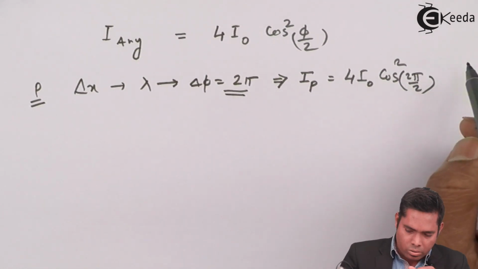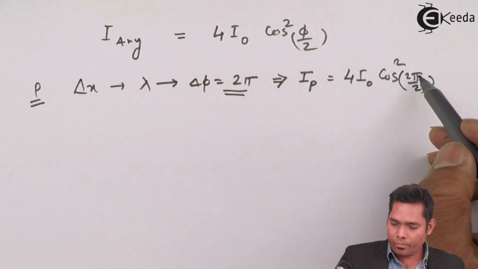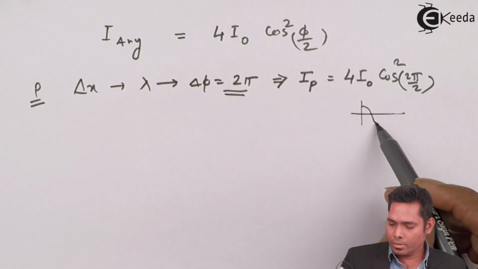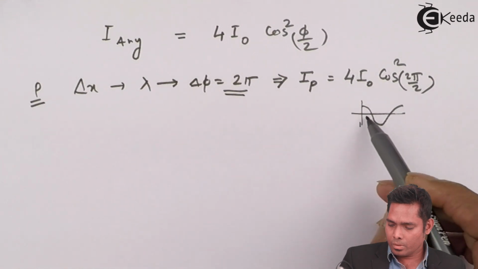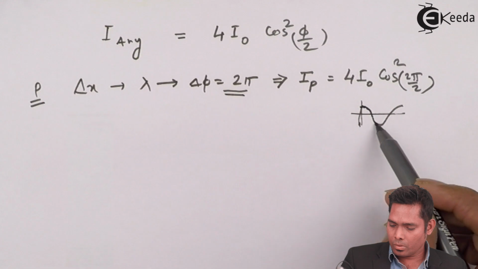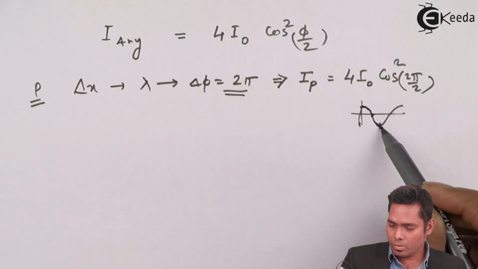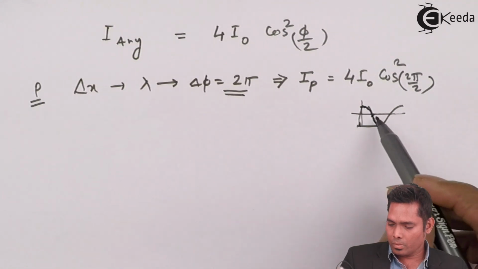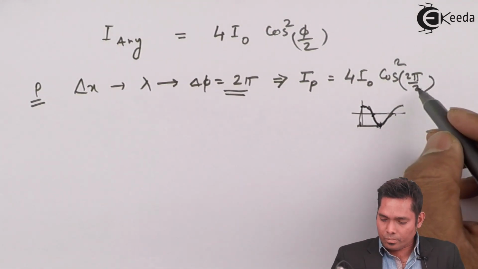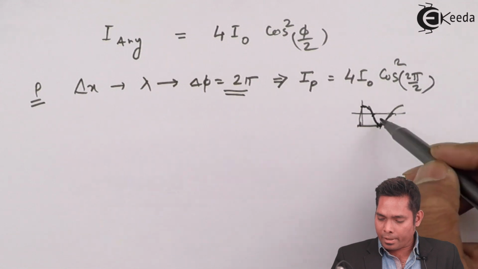So this is cos pi, and the cos pi value is minus 1.